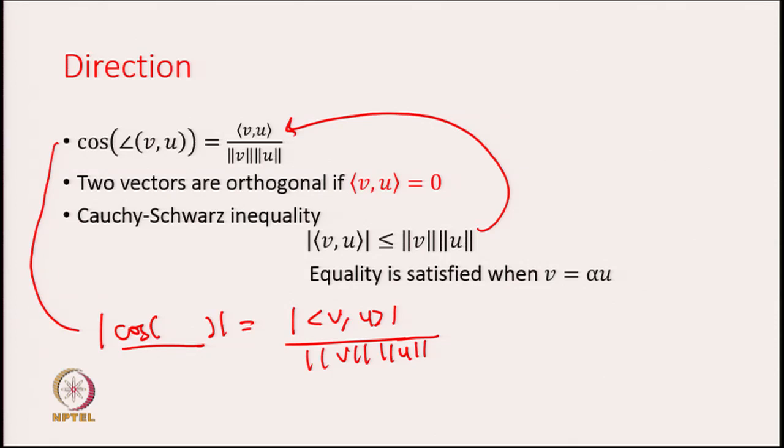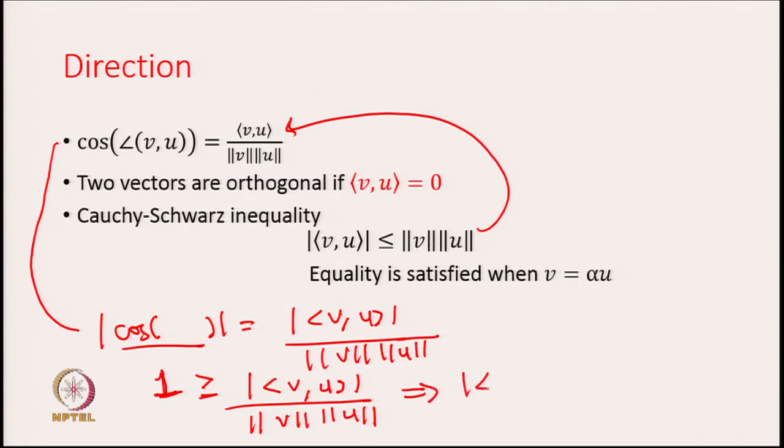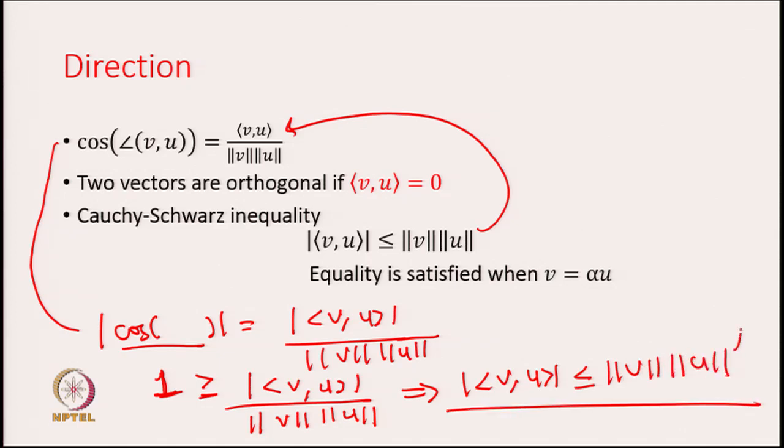So, this quantity is less than or equal to 1, and hence 1 must be greater than or equal to this quantity. Okay. So, this implies that the mod of the inner product of vector v with u must be less than or equal to the norm of v into the norm of u, and this is the Cauchy-Schwarz inequality.